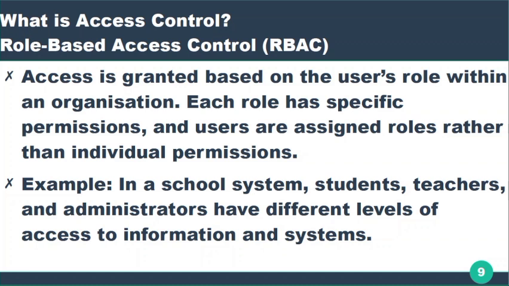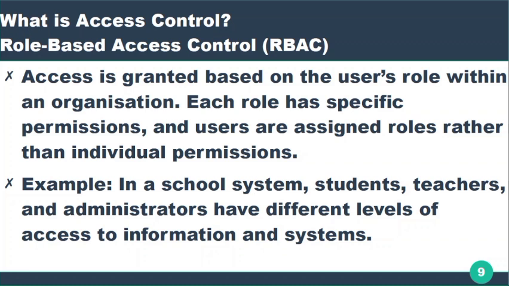Prefects will have this kind of access to this kind of information. Teachers, tutors, and the medical staff will have this level of information. The principal, the vice principal, and the owner of the school will have different access.